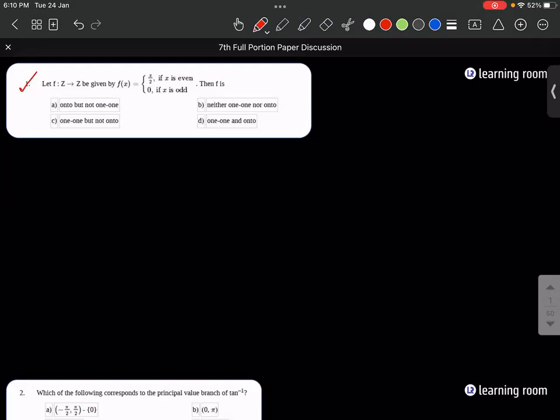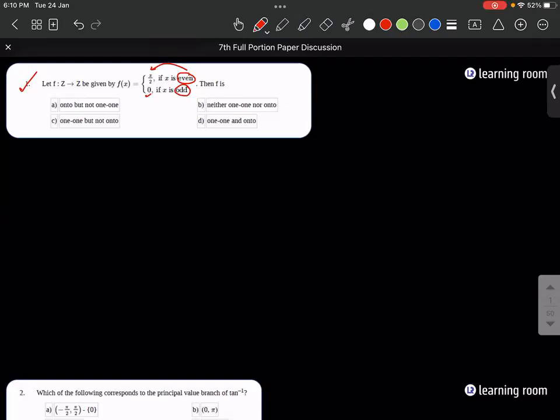Is this 1-to-1 or onto? When you substitute an even number here, you will get an integer. Similarly, when you substitute an odd number, it is always 0.